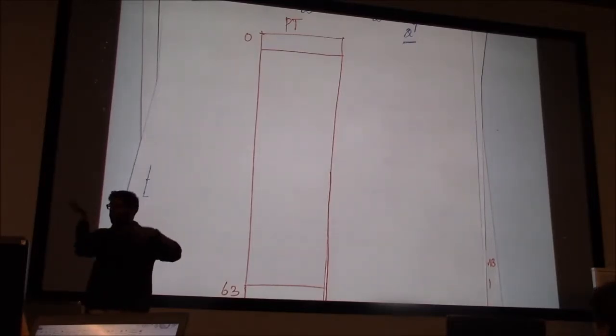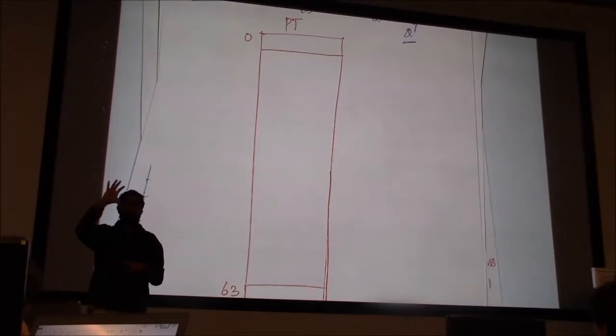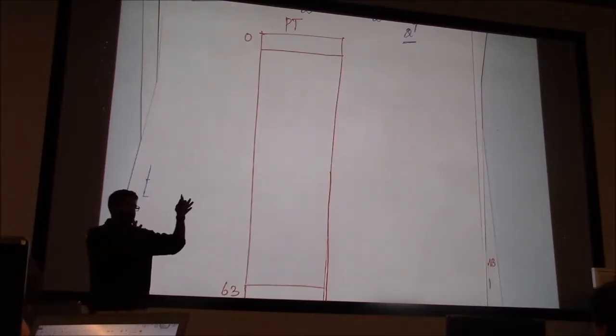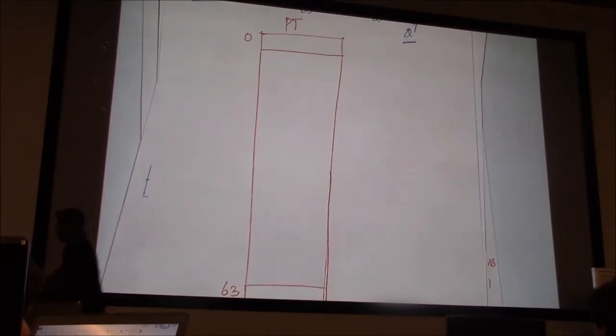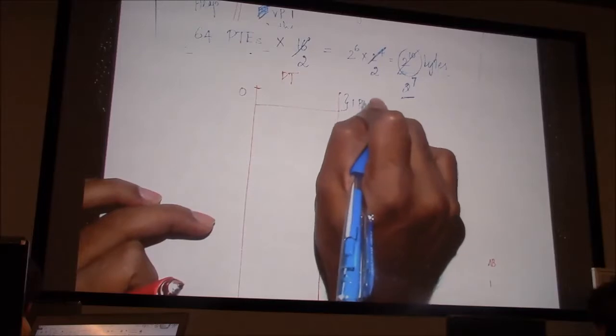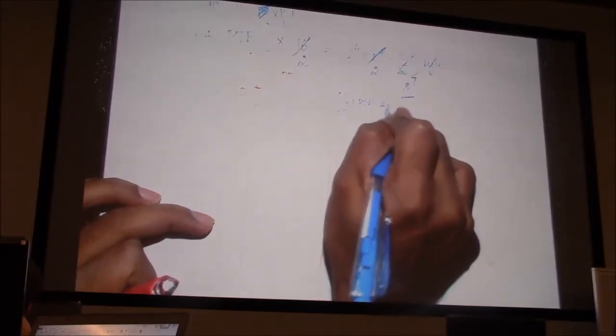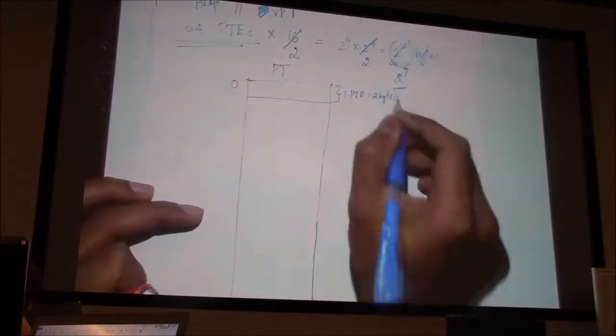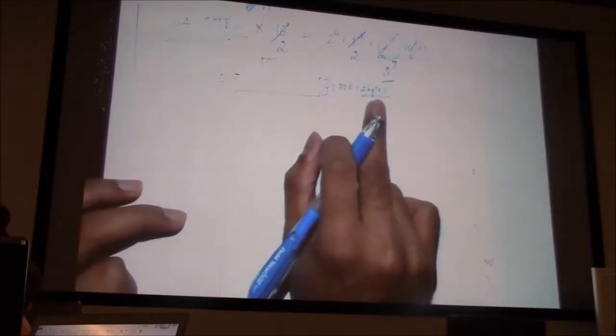So this page table, you are going to split into multiple parts, and each part will be of a page size. A page size is 16 bytes, and one page table entry here is 2 bytes. So it's very simple, 2 times 8 is 16.